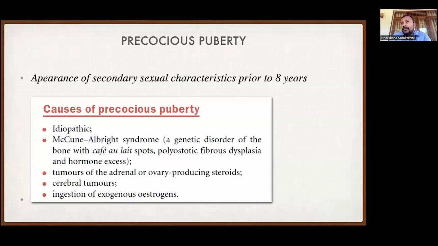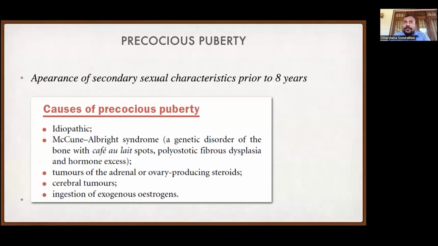Now this is a problem. Technically we define precocious puberty as any girl showing secondary sexual characteristics and starting menstruation prior to the age of 8.